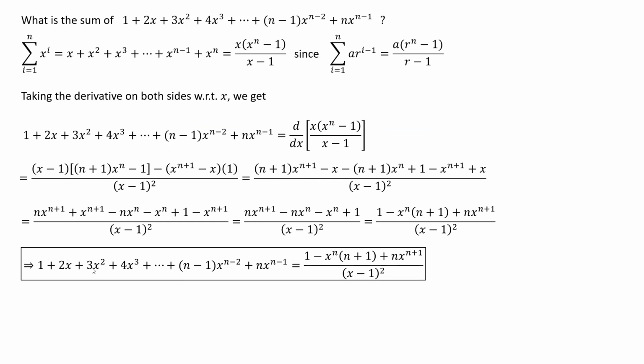But before we jump, I thought it would be good to ask this question first. y to the negative 2 plus 2y to the negative 3 plus 3y to the negative 4 and so on, all the way up to, instead of n, I'm just using mu. I guess I'm trying to show off. Hey, look, I know how Greek letters work. So mu minus 1 times y raised to negative mu. Please don't let that bother you too much. Something like m minus 1 times y to the negative m. That's all there is to it.